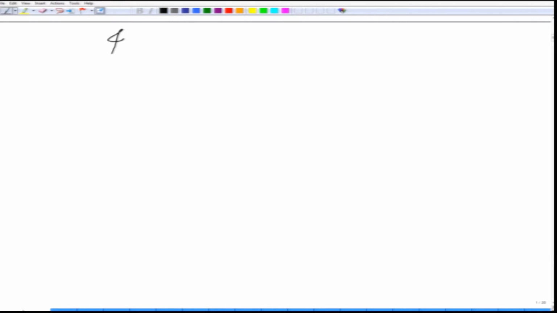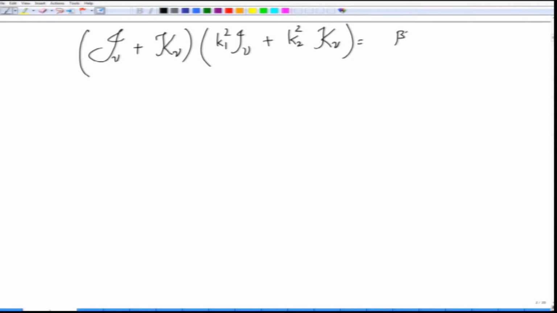The solutions turn out to be J nu (these are not V, these are nu) times K1 square J nu plus K2 square K nu must be equal to beta nu by A whole square times (1 by U square plus 1 by W square) to the power 2.